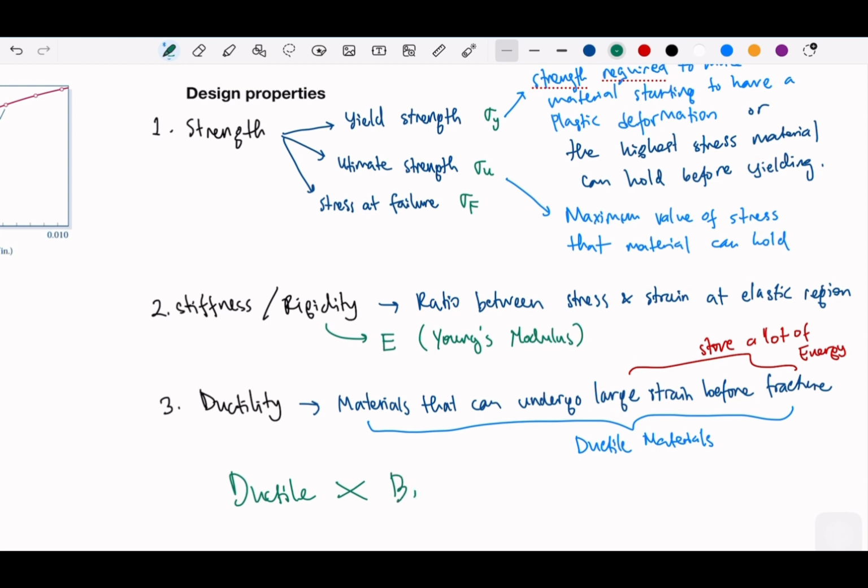And brittle and ductile both refer to modes of fracture.